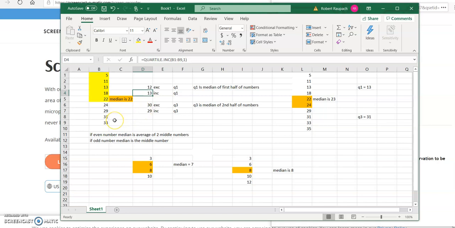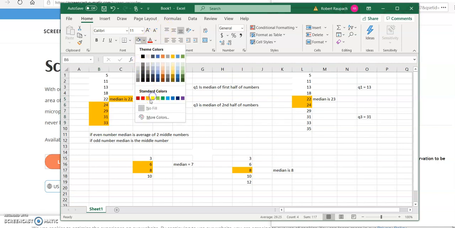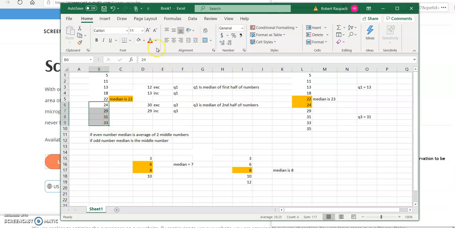All right. Now let's do the same thing for Q3. Let's do the exclusive first. Now let's get rid of these highlights so I can show you. If I do not include, which is exclude, the median in my calculations, that means these are the four numbers.